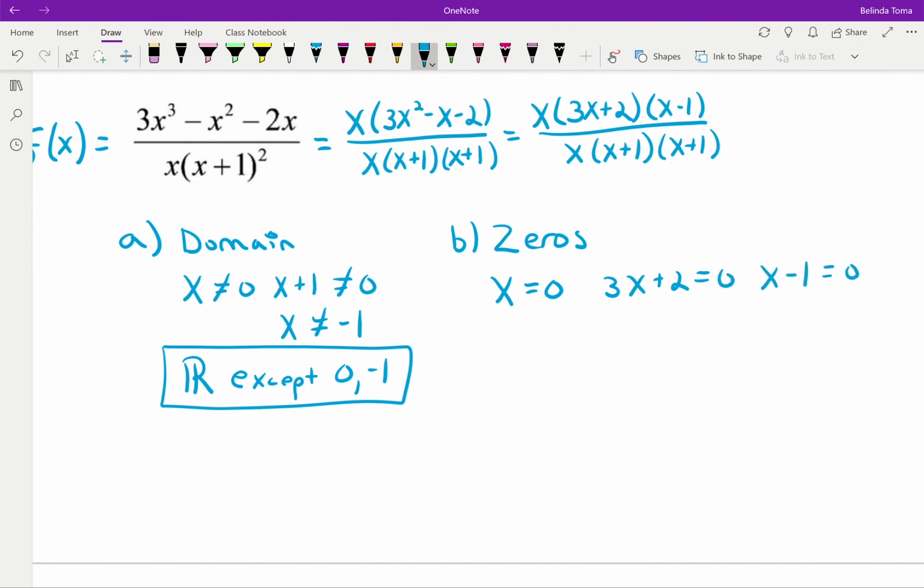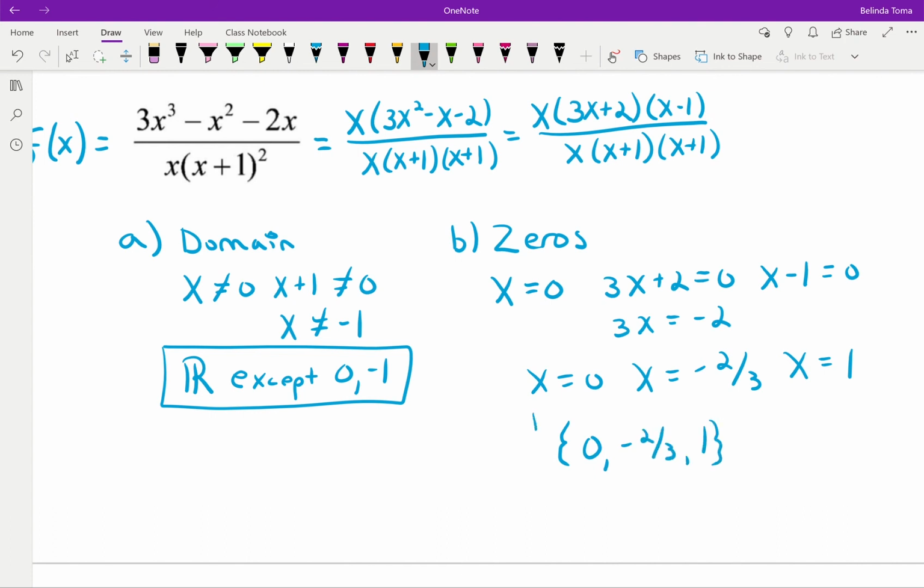The first one doesn't need solving. The second one, if I subtract 2 and divide by 3, I get -2/3. And then this one, if I add 1, I get 1. I'm just going to bring this down so they're all in the same line. And we could box that, or we could use our solution set notation to write 0, -2/3, and 1. So those are going to be the zeros.